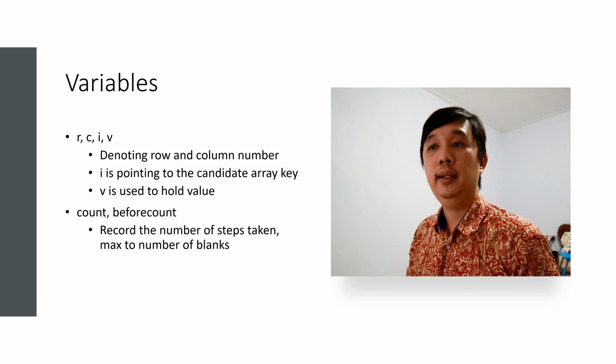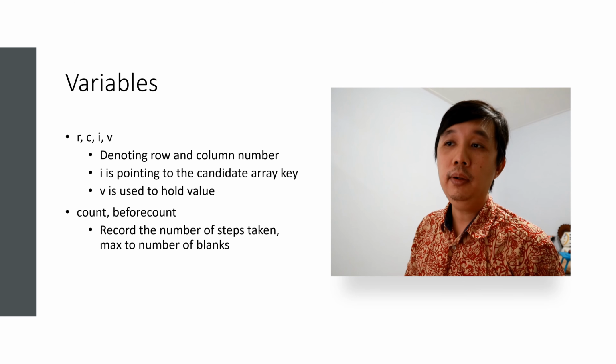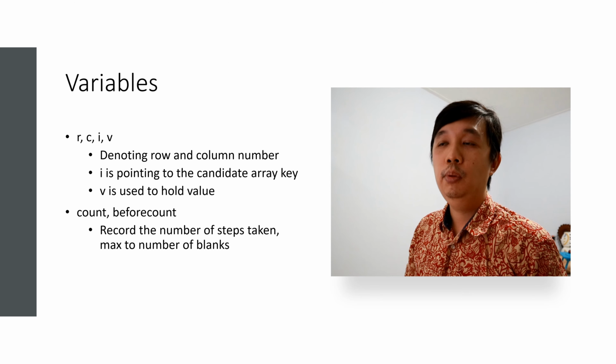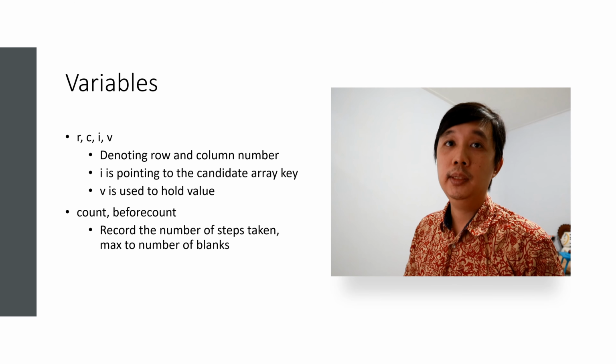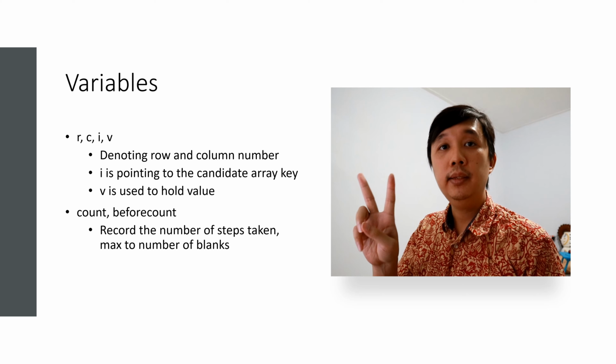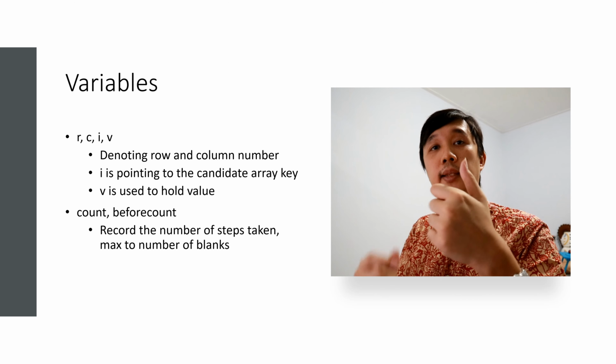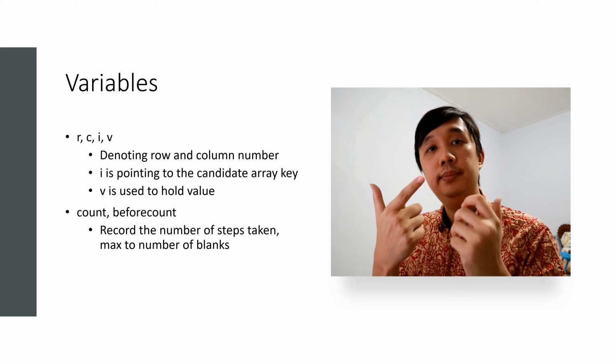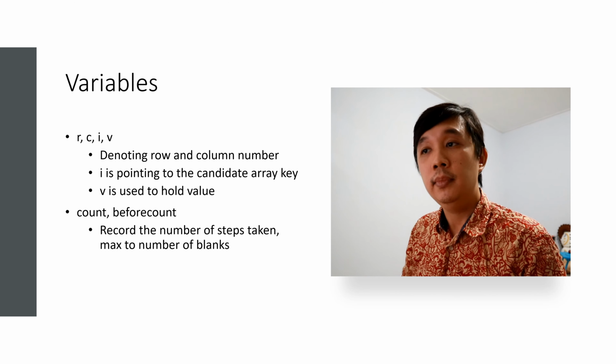For example, in the example before, on row 5 column 7 I have 2 candidates. One is 1, the other is 8. When I is 1, it will point to the number 1, while when I is 2, it will point to number 8. That's how it is used.